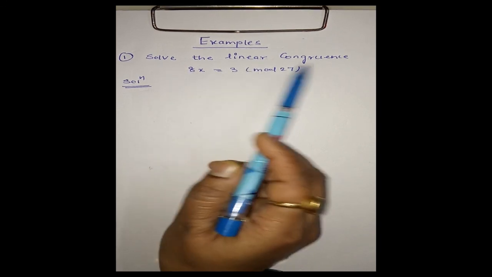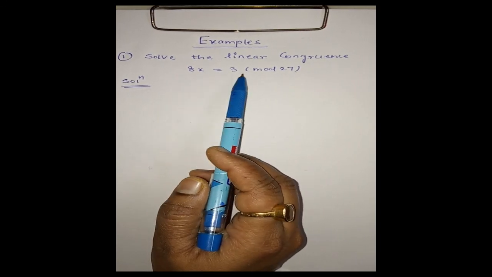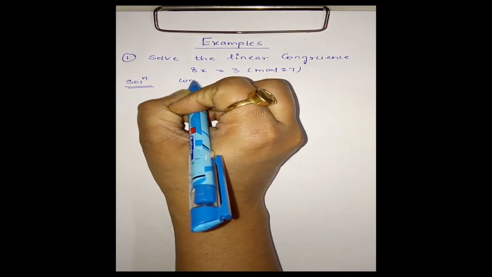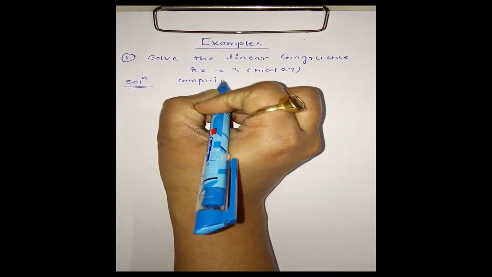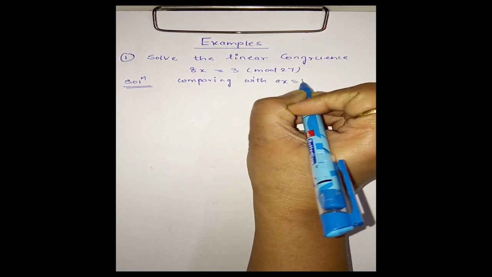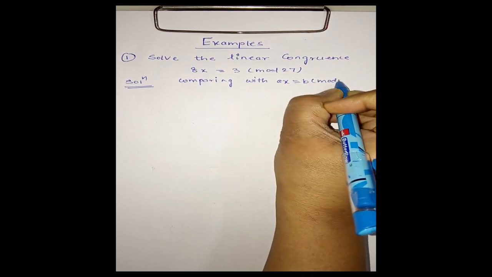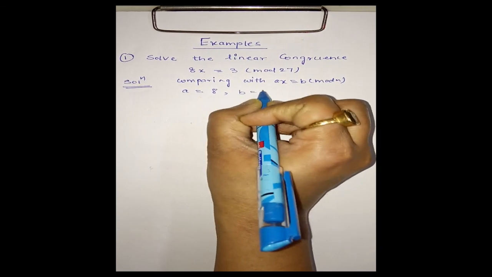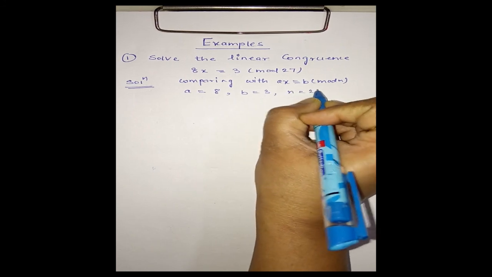First is: solve the linear congruence 8x is congruent to 3 modulo 27. Comparing with Ax congruent to B modulo n, we have A is 8 here, B is 3 and n is 27.